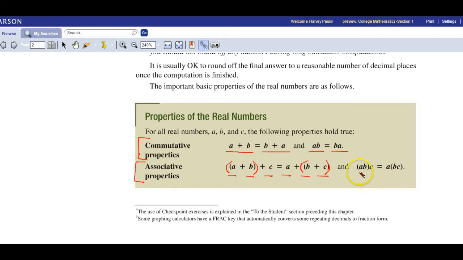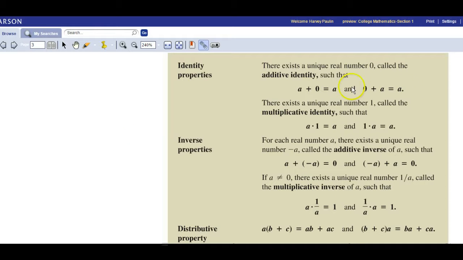And this applies to multiplication as well. Here we're multiplying the AB first, and then the C. Here we're multiplying the BC first, then the A. Going on, we have some additional properties. The identity property.